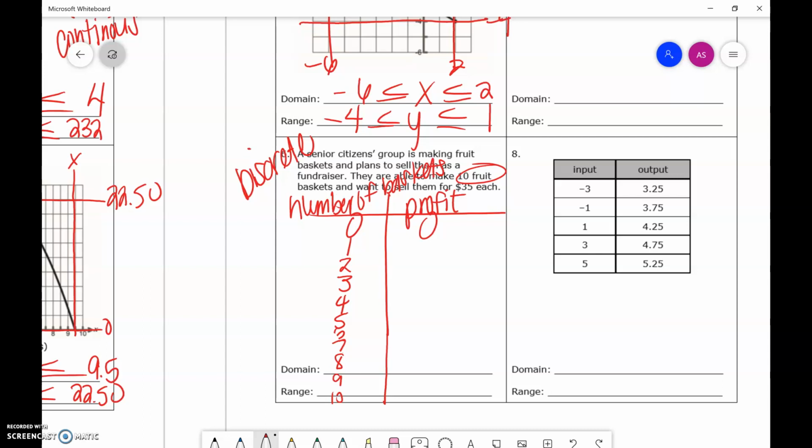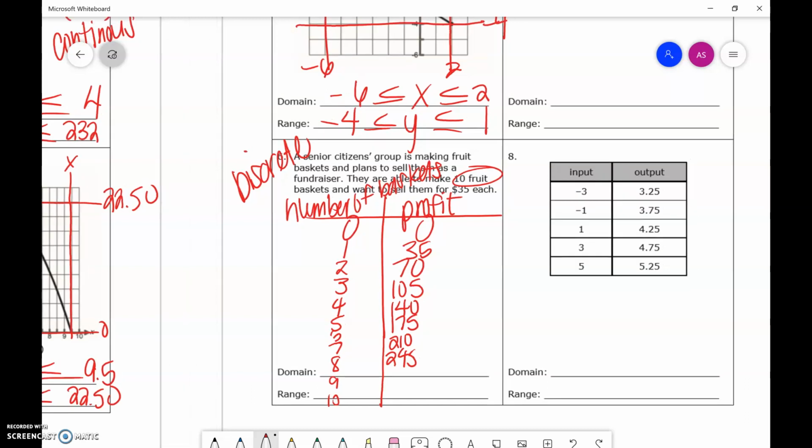If I sell 1 basket, I make $35. 2 baskets, I make $70. 3 baskets is $105. 4 baskets is $140. 5 baskets is $175. As you see, I'm just adding 35 each time, and that's representing our range, which is how much they made for each basket that they sold.